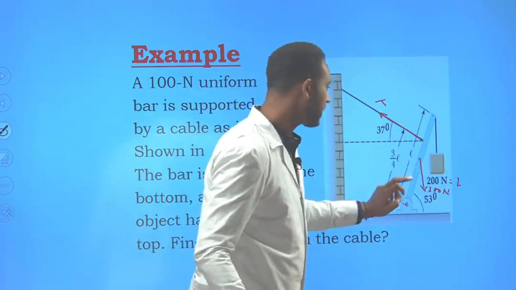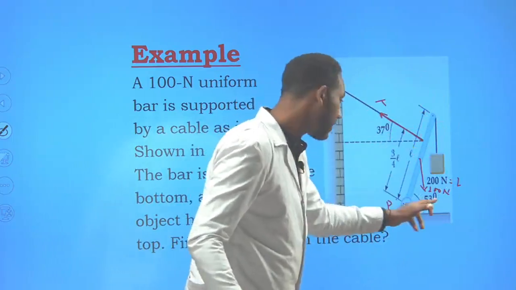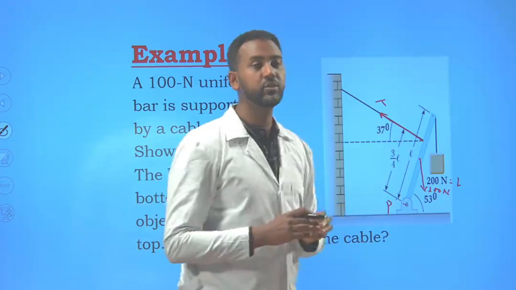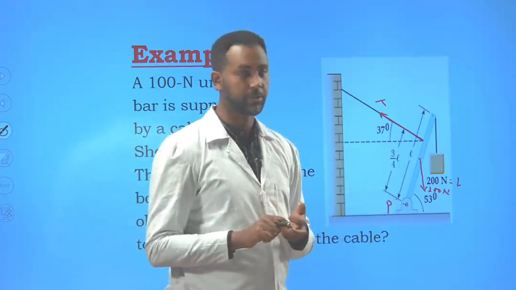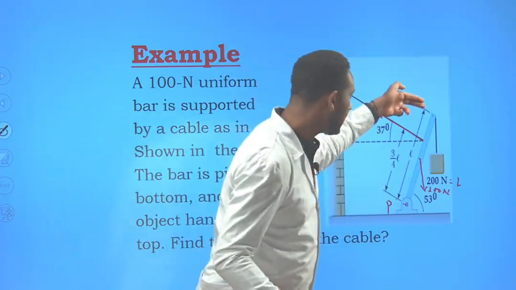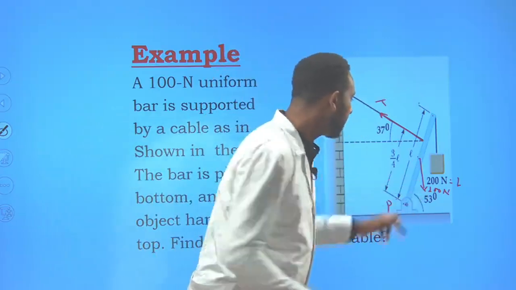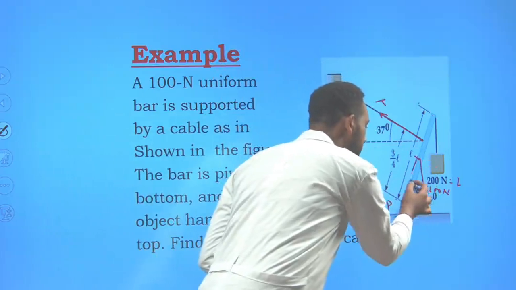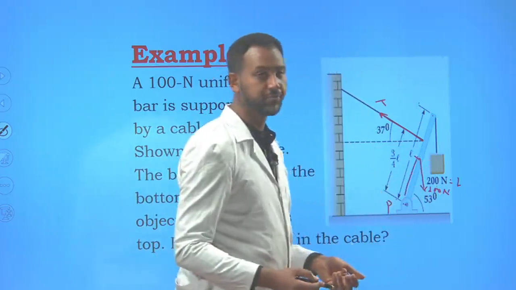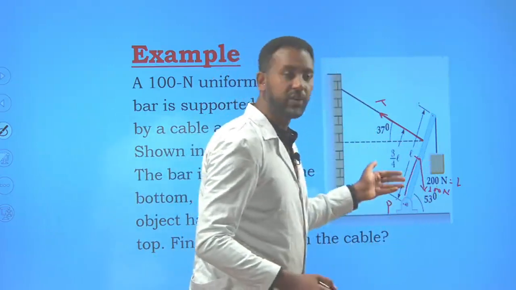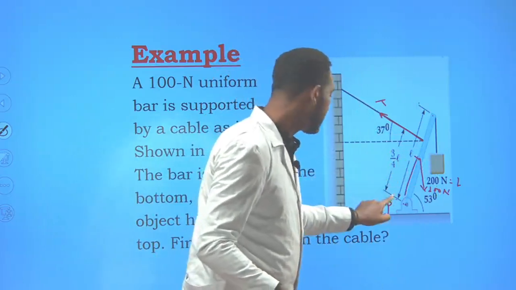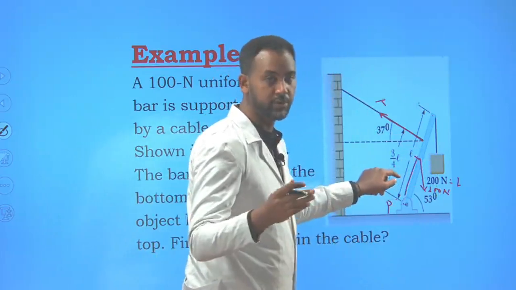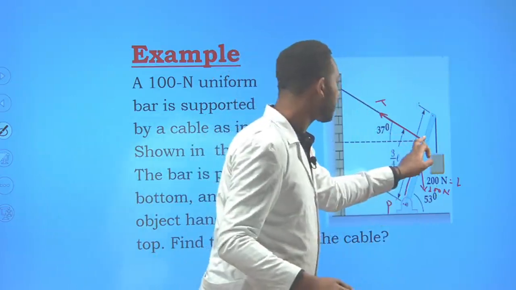And the weight of the bar is 100 Newton. For a uniform object, the weight is exactly at the geometrical center. Meaning, you have L, and it's found at exactly L over 2. And the cable is found at exactly 3/4 of the length L, almost 0.75 meter from the pivot.